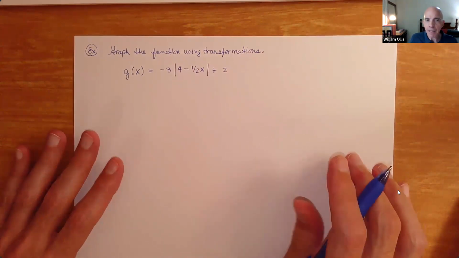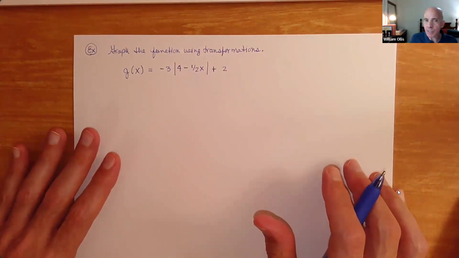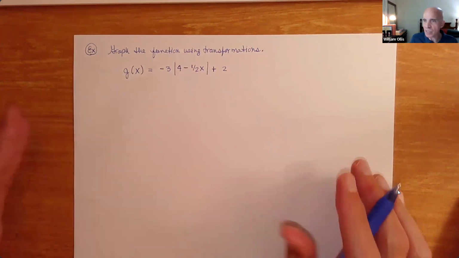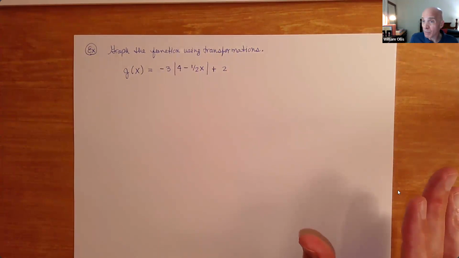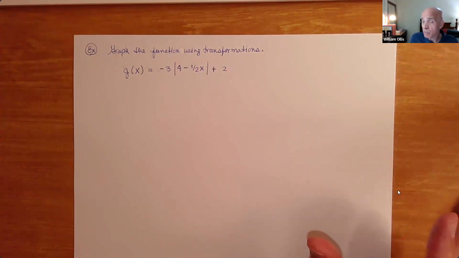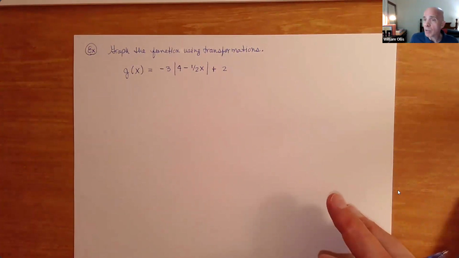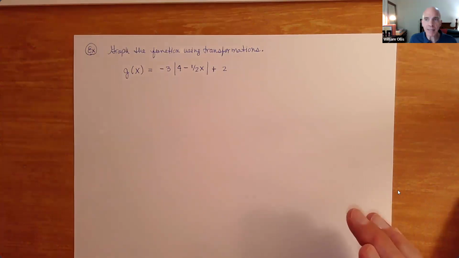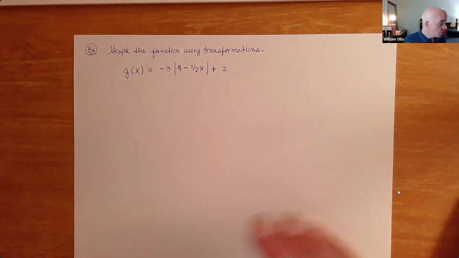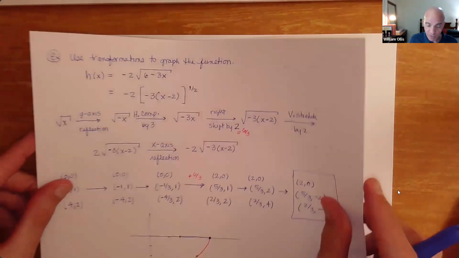So again, we've got properties of the absolute value that could really just make this very simple. And so we can use some of them, but we want to characterize this in terms of a transformation process. Notice with the last problem, we didn't have the luxury of nice properties of absolute value.